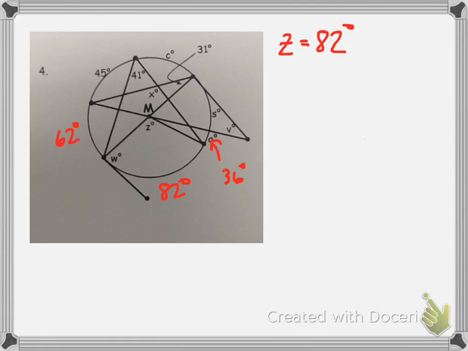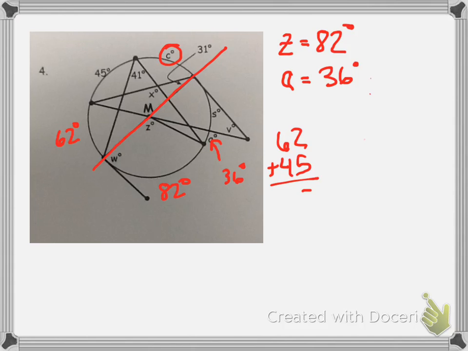All right. Let's see, what else do we know here? All right, we also know we've got another diameter here. So if this is 62 and 45, we can solve for C. So 62 plus 45 is 107.